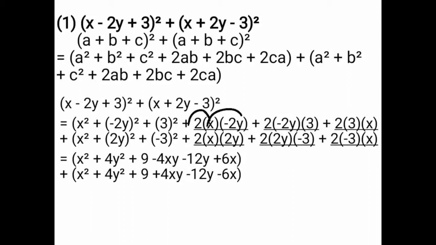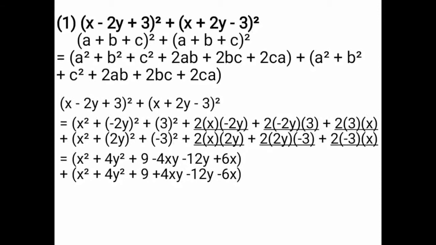Plus into minus becomes minus, so the answer is coming minus 4xy. Plus into minus is minus. 2 2s are 4, 4 3s are 12, 12 into y is 12y. Plus 2 into 3 is 6, 6 into x is 6x.